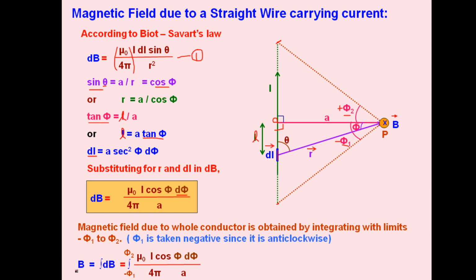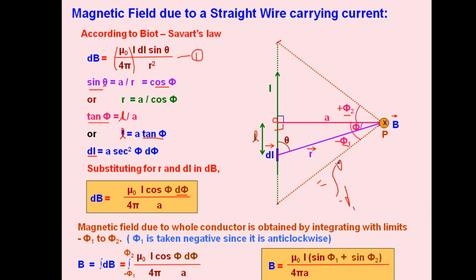So B will be obtained by integration of dB with limits minus phi 1 to phi 2 of mu naught I cos phi d phi by 4 pi a. The constant mu naught I upon 4 pi a can be taken outside, and the expression remaining inside the integration sign is cos phi d phi.